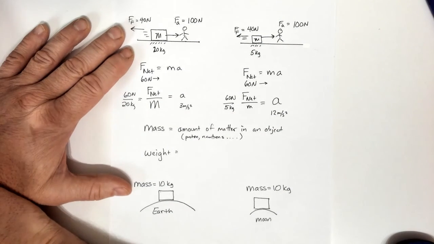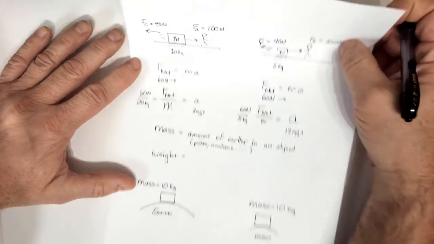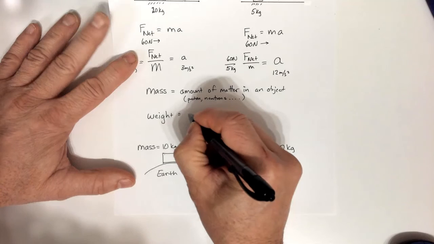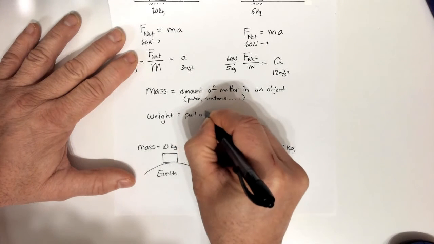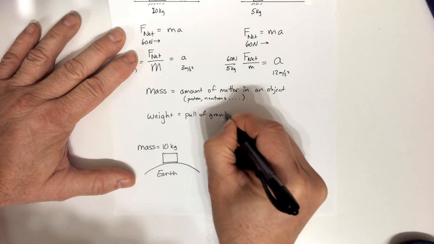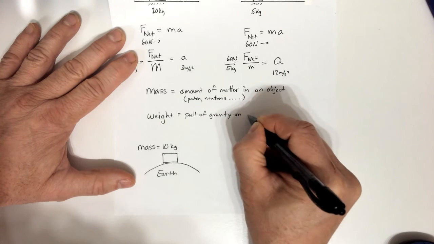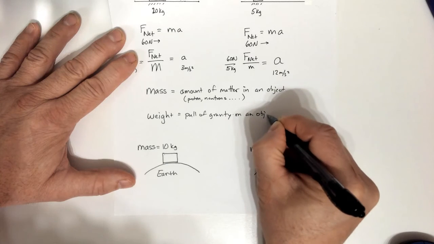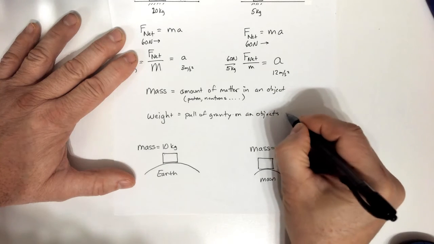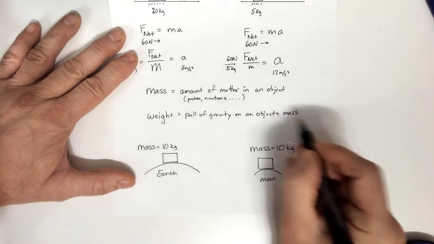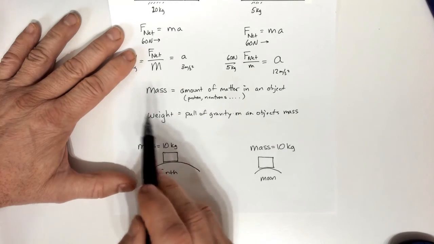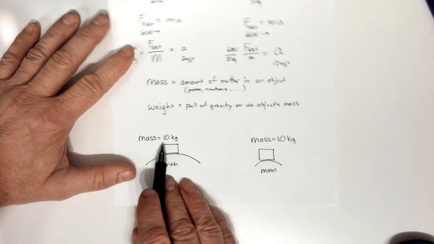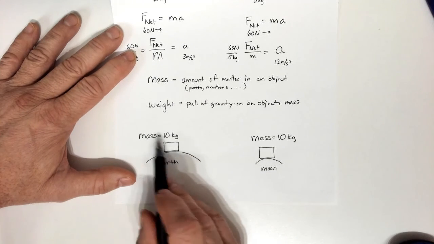Okay? But I want to point out one more small idea, is the difference between mass and weight. Weight is the pull of gravity on an object's mass. And if that gravity is greater or less, the object's weight will change, but mass and weight are not the same thing. Let's say we have these two boxes that are the exact same mass.